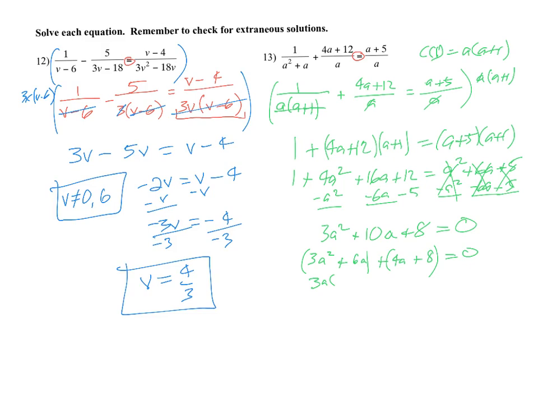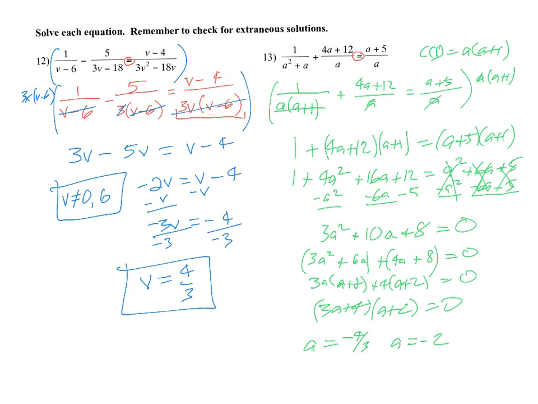So we pull 3a out, we get a plus 2. Pull a 4 out here, we get a plus 2, equals 0. So 3a plus 4 times a plus 2 equals 0, meaning a is equal to negative 4/3, or a is equal to negative 2.